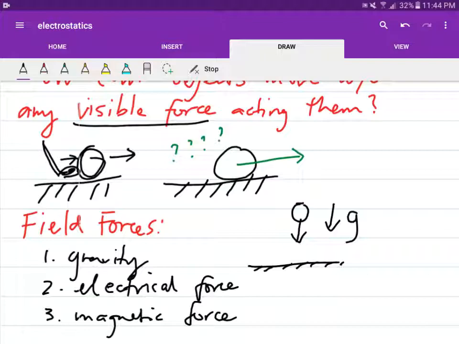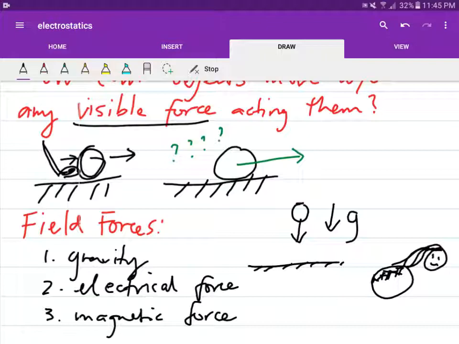Now for electrical forces, which we will talk about later on, you also cannot actually see how, for example, you rub a balloon and give it a charge, and you see that your hair is sticking to the balloon.